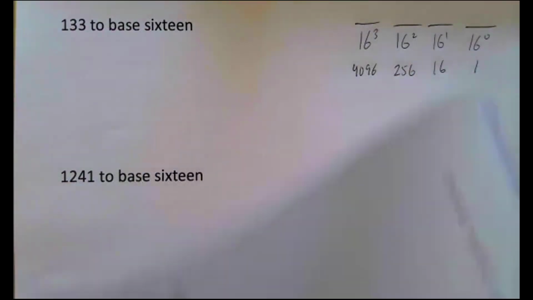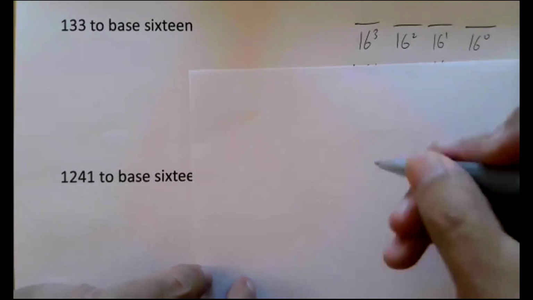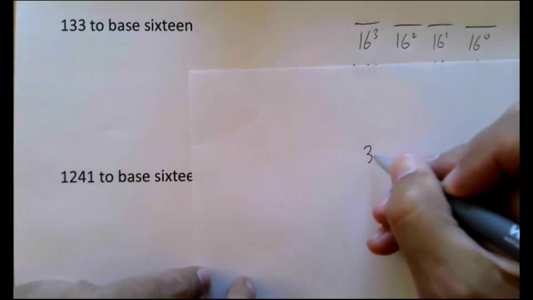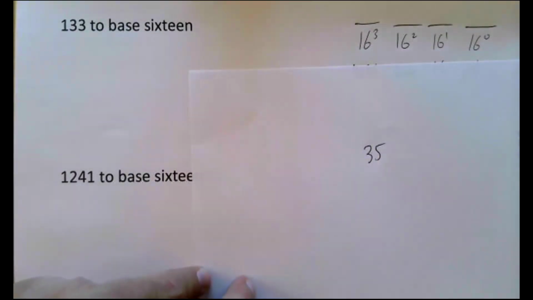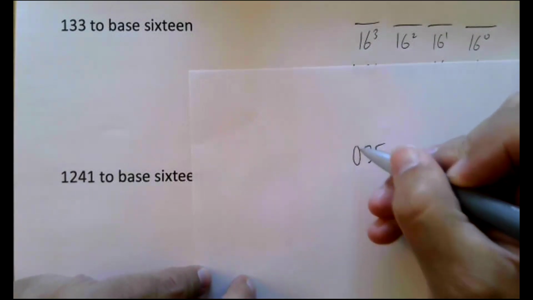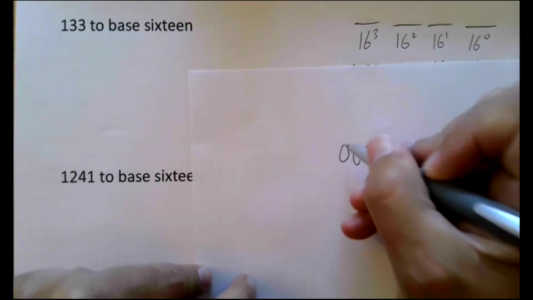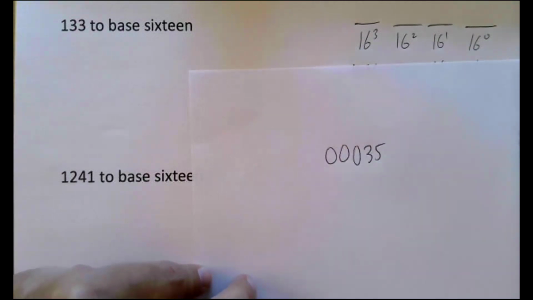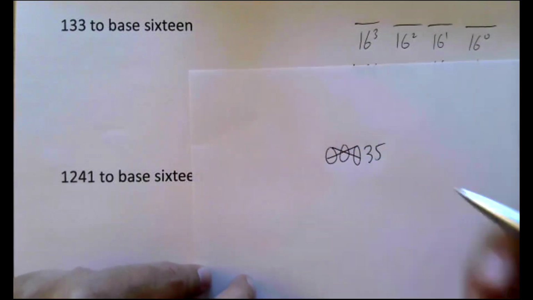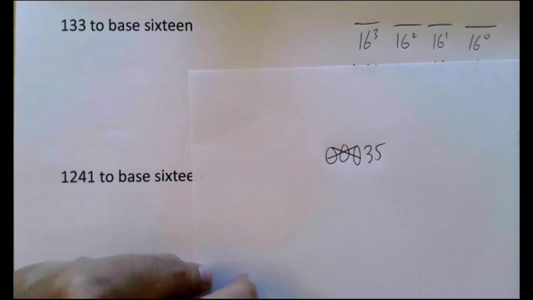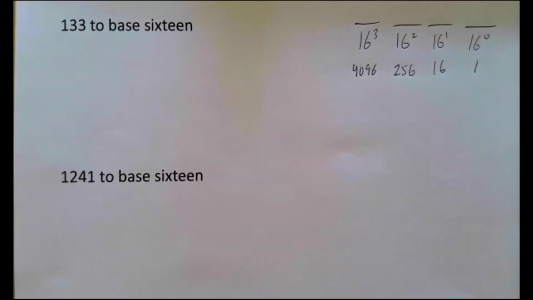For example, what if your answer to a math question was 35, and then someone else wrote it with a leading zero right there? You'd be like, why did you put that zero there? It's not necessary. That's just 35. Leading zeros don't do anything for us. So that's what I mean when I say we don't want leading zeros, but it's okay to have a zero in the middle of your number.